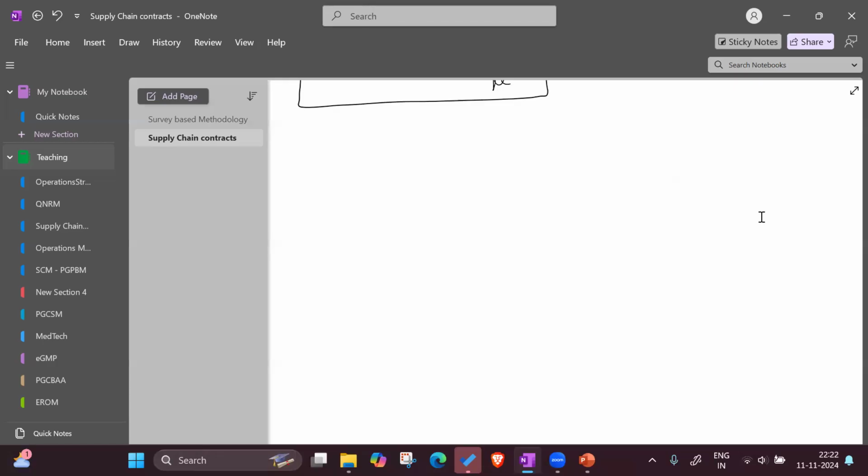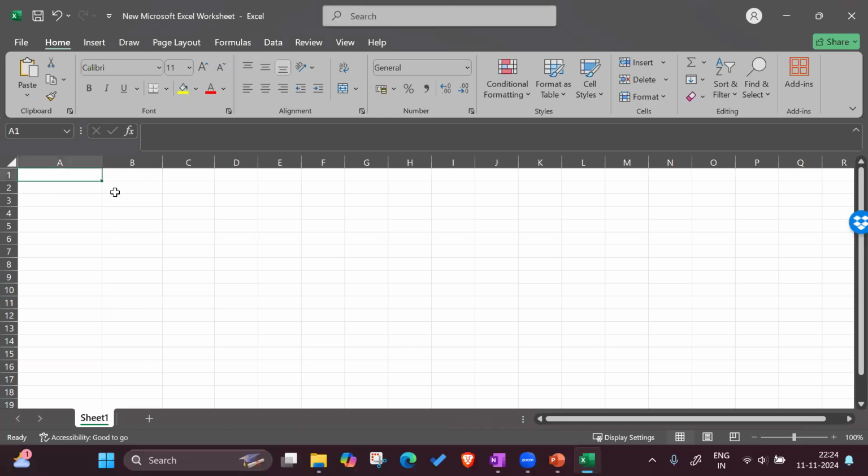Okay. So let's assume that in our particular setup, where we are saying that our selling price P is let's say 30 rupees, cost price C is 20 rupees, and our salvage value V is about 15 rupees.